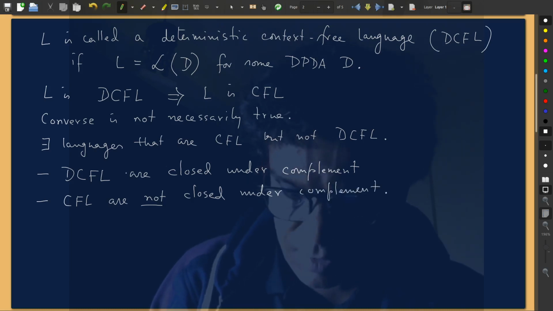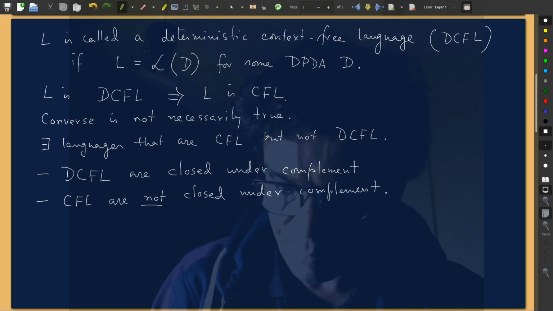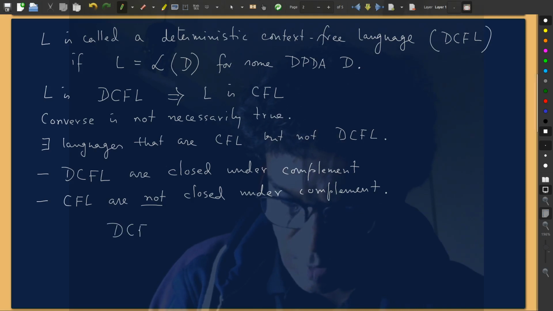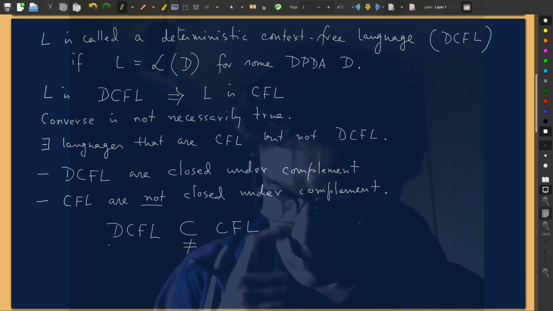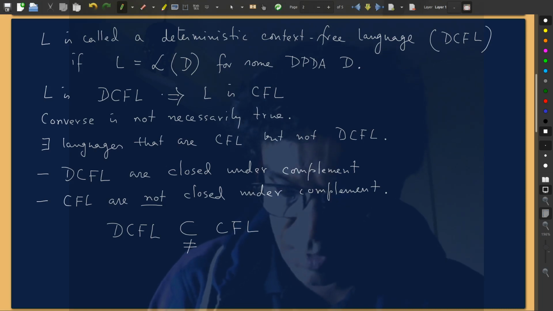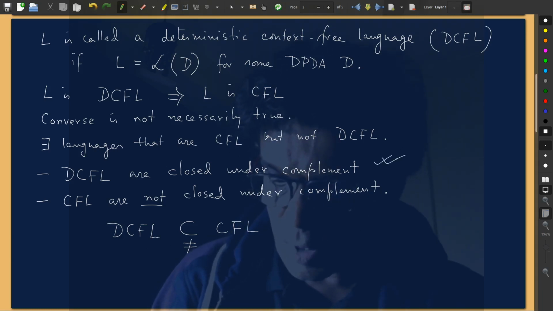Therefore, these two classes cannot be equal. Definitely the class of all deterministic context-free languages is a strict subset of the class of context-free languages, and they have different properties. So this has to be a strict subclass of this. This inclusion is obvious from here to here, but they are not equal.